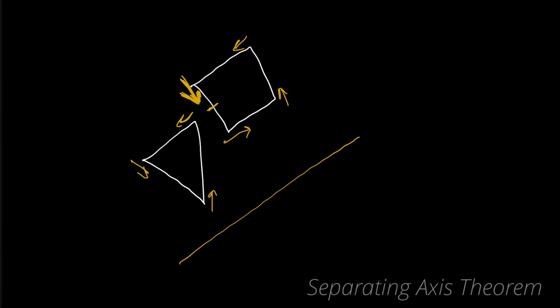So let's say if this vertex is A, and this vertex is B, then this axis that we need to project onto is just the normal of A to B, right?